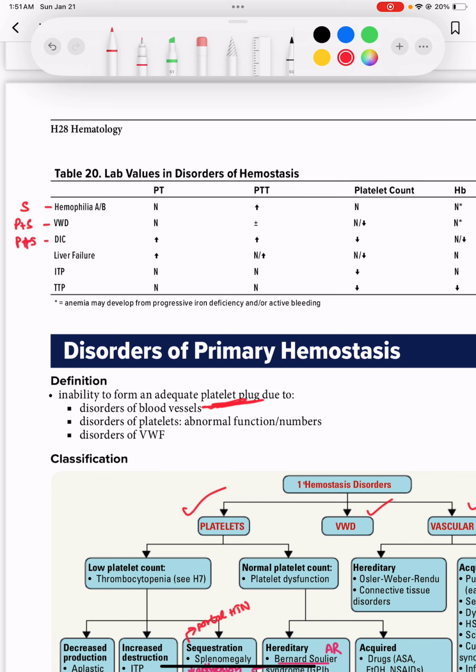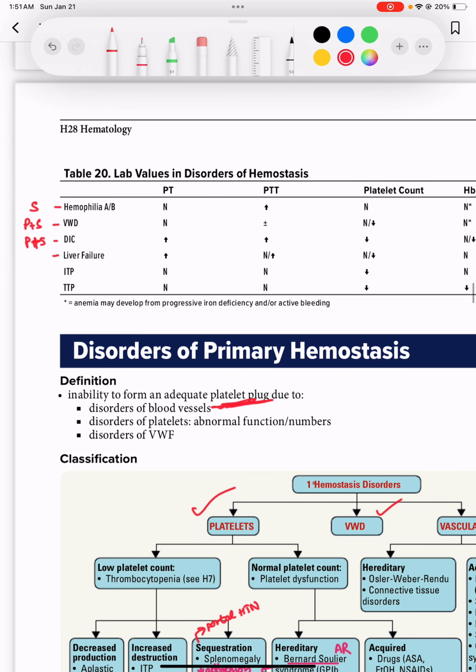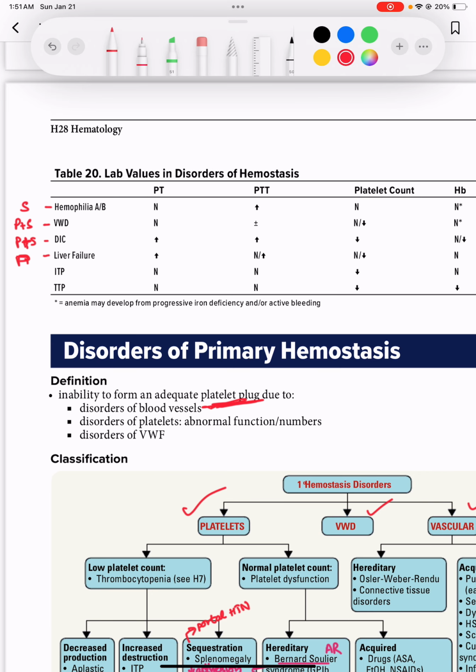Von Willebrand disease, primary plus secondary, as in primary it has problems of platelet adhesion and aggregation, and secondary as it has problems with factor 8. DIC, it is like complete coagulation and fibrinolysis going on, so all of the factors would be depleted, primary plus secondary. Liver failure, it is primary plus secondary, because it has thrombocytopenia too.